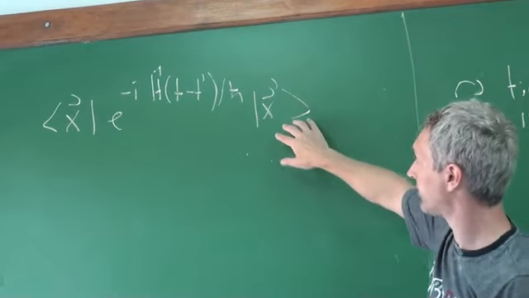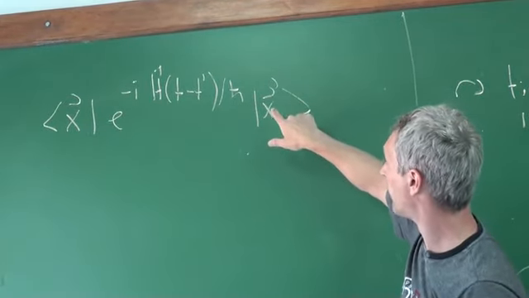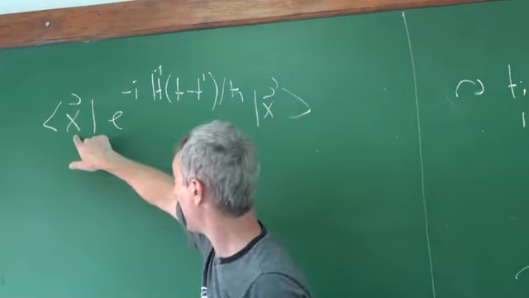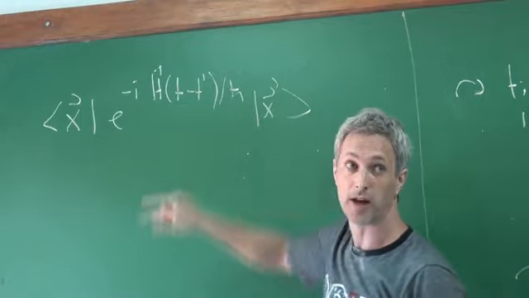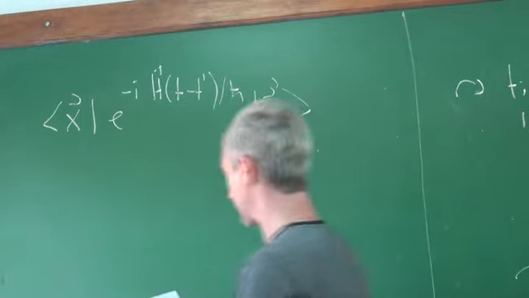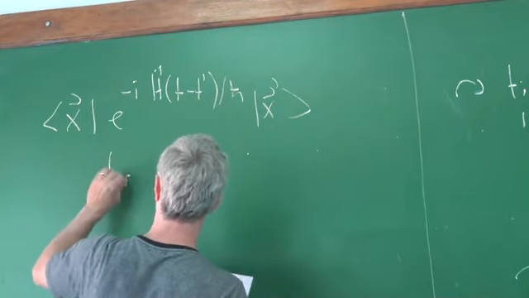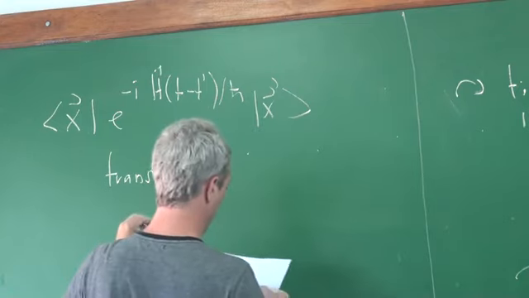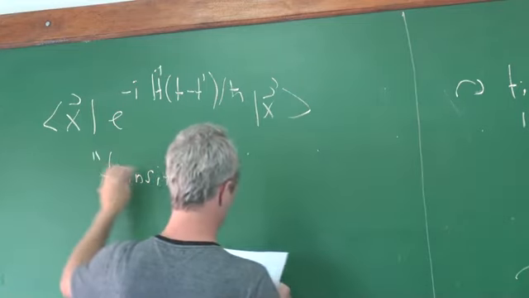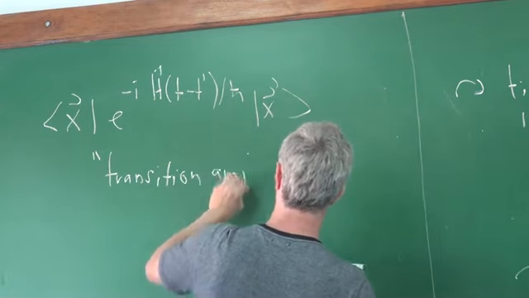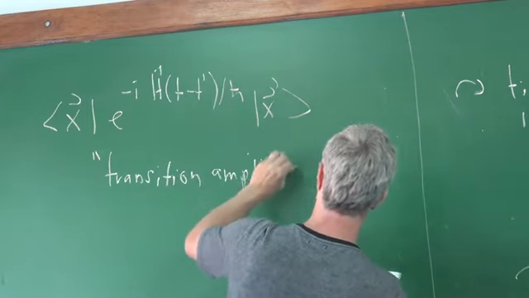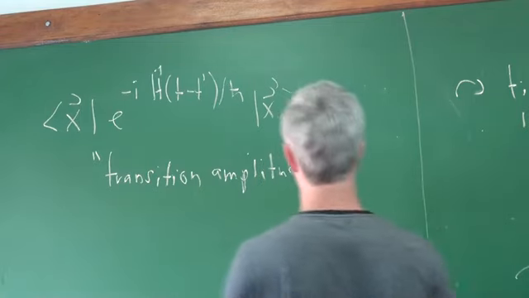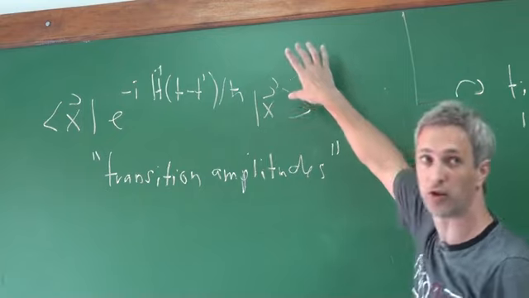So this describes a transition amplitude of a system from some state x prime to some state x within a time t minus t prime. Okay? So this is transition amplitudes. If you understand these for all x and x prime, you can always say how the system evolves. And this is the starting point of Feynman's approach. So he concentrates on these objects.